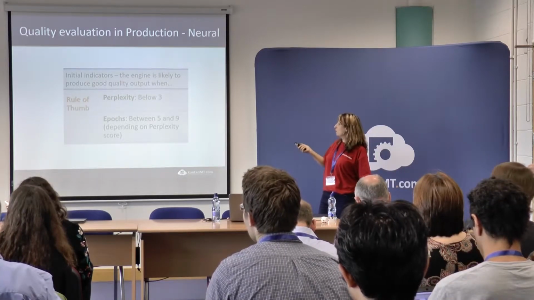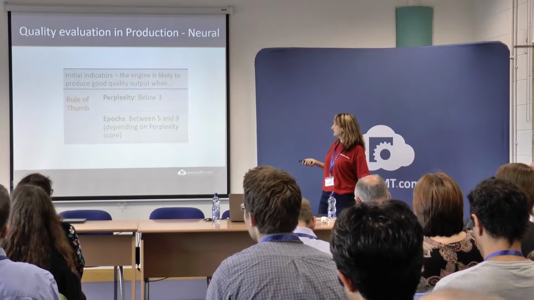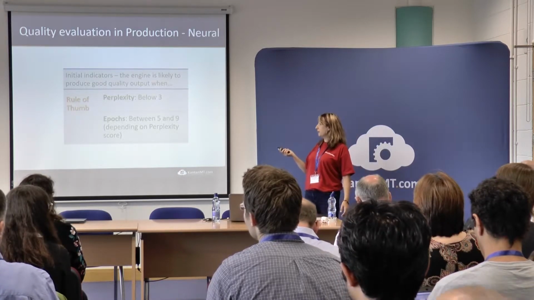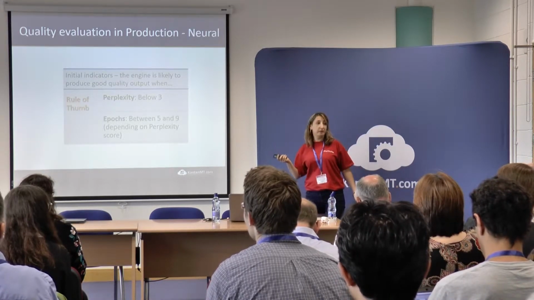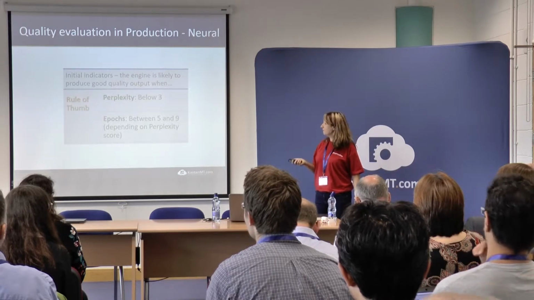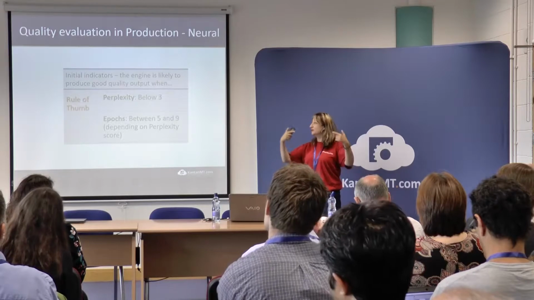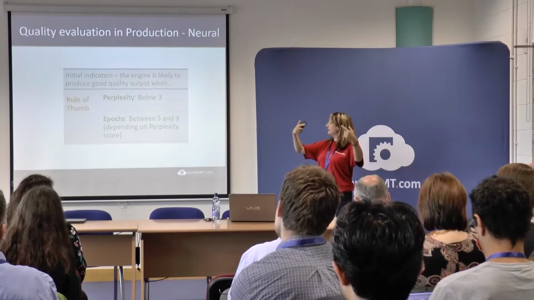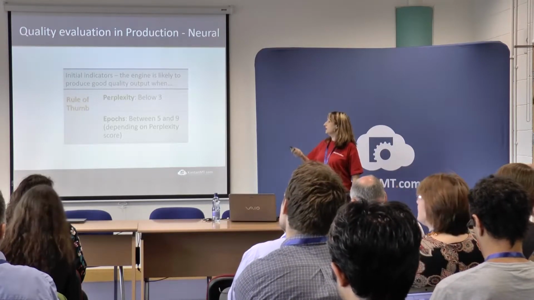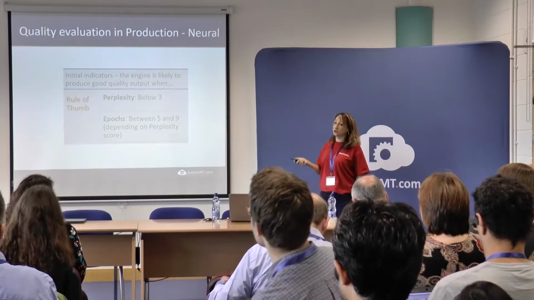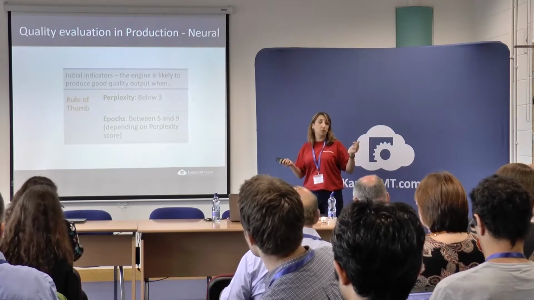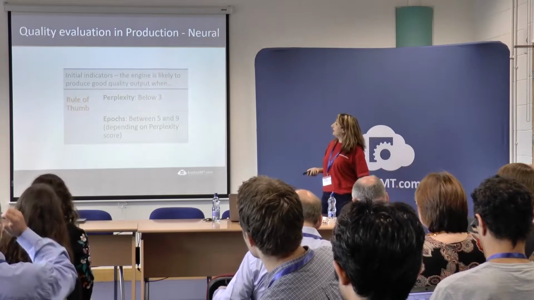But in this case, the rule of thumb, as Dimitar has said, is the perplexity score should be below 3, and the epochs, which are the iterations, the times the engine trains itself, if you like, should be between 5 and 9. So that's our rule of thumb. That's what we go by in KantanLQR.